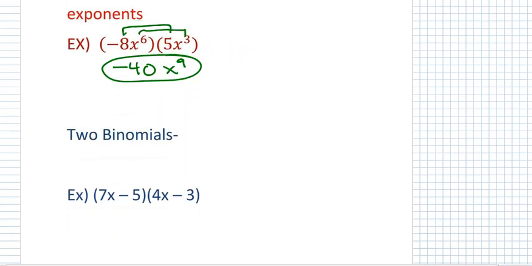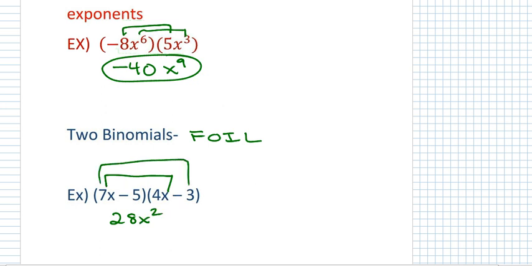If it's two binomials, you're going to FOIL. So remember, FOIL first. So 7x times 4x is 28x squared. Then you do outer. So 7x times negative 3 is negative 21x.